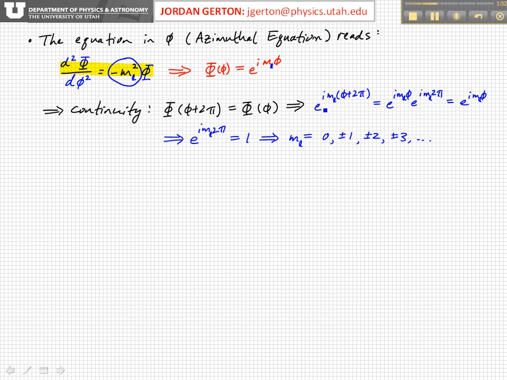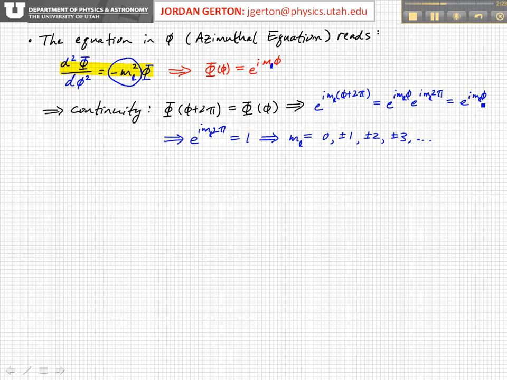And so the condition is that e to the i ml (phi plus 2 pi) is equal to e to the i ml phi, which, since we have a sum in the exponent here, we can write as a product of different exponents. So e to the i ml phi times e to the i ml times 2 pi, and this has to be equal to the value of big phi at the angle phi, so e to the i ml phi.